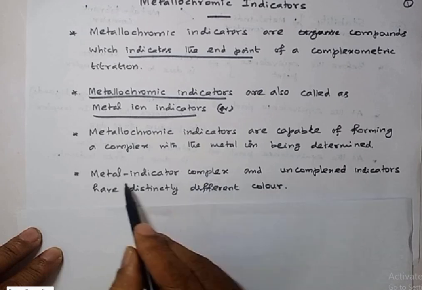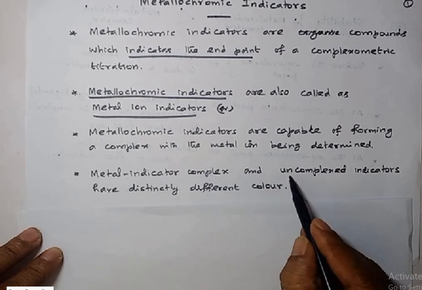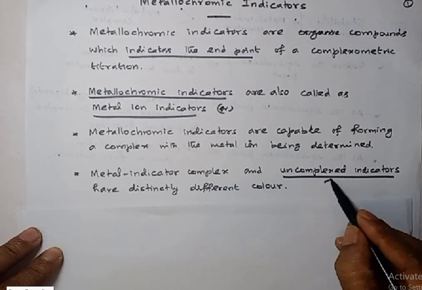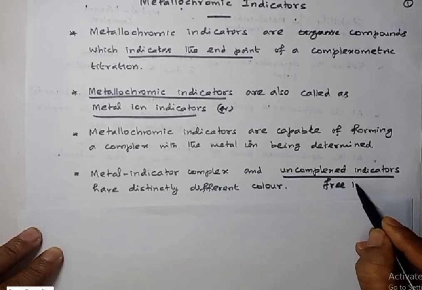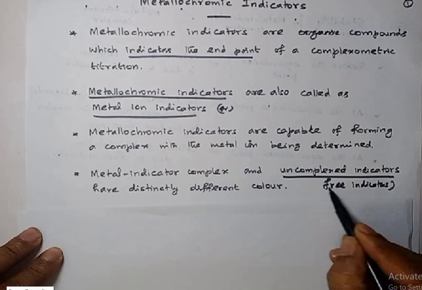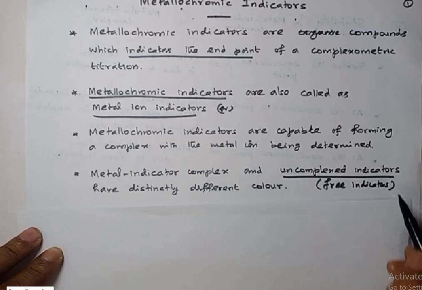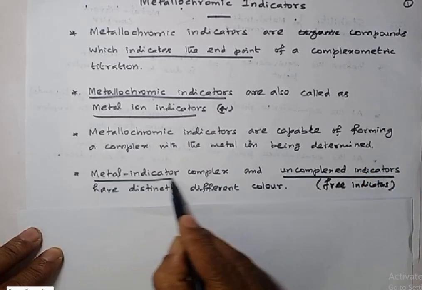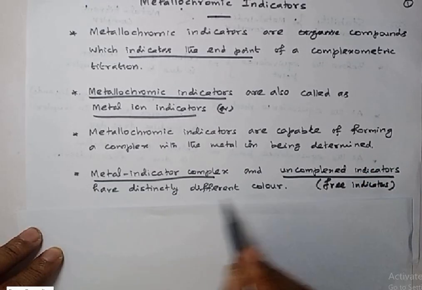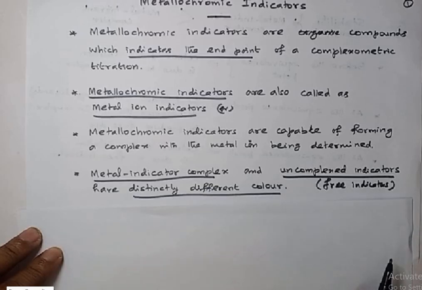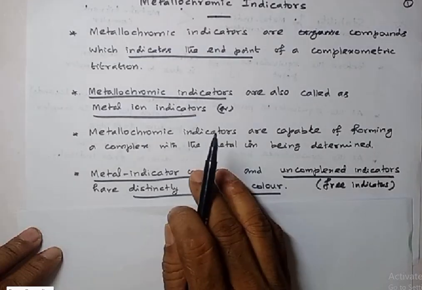Listen carefully. Metal indicator complex and uncomplexed indicator, also called free indicators, which are not combined with the metal, have distinctly different color. What is meant by that?